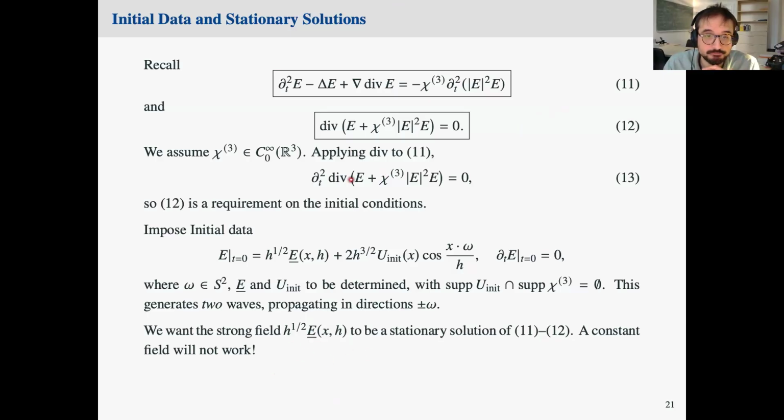So here we cannot take E to be constant, because the divergence-free condition is not going to be satisfied: at some point you're going to hit the nonlinearity, and that will give you something. So this complicates things, because choosing your initial stationary solution is not trivial. You have to work a bit harder for it.